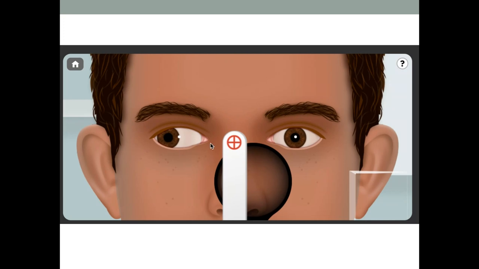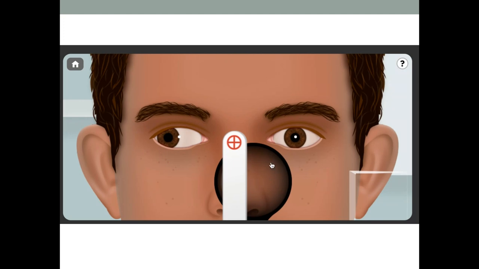If the eye abducts, then we say the patient has an esotropia. Downward movement, hypertropia, and upward movement, hypotropia. And then we'd repeat the test on the other eye.